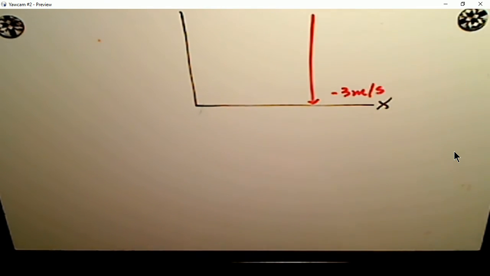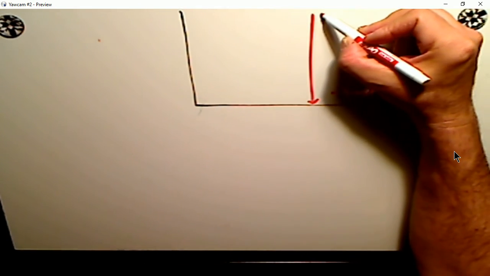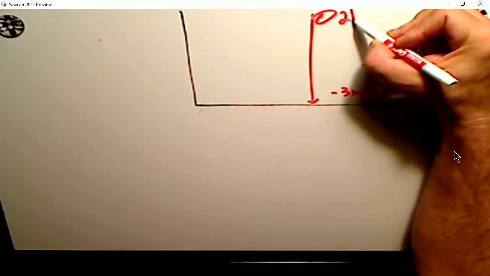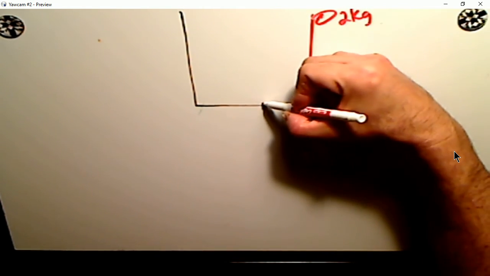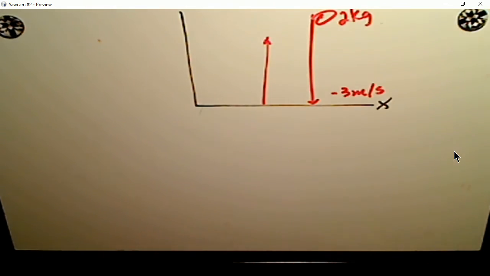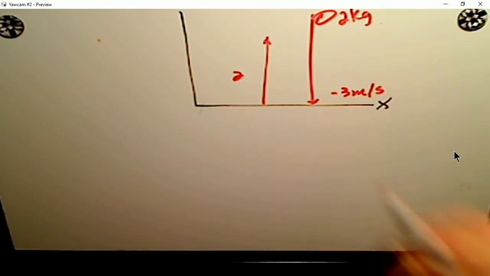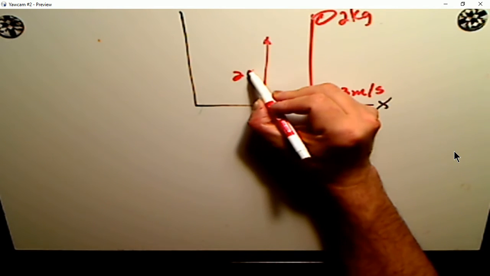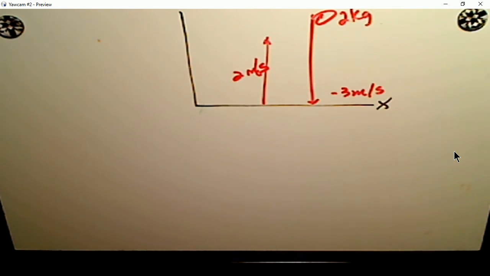It's coming down. It is a 2-kilogram ball. And it hits the ground and bounces up at 2 meters per second. So clearly, momentum isn't conserved here, right?